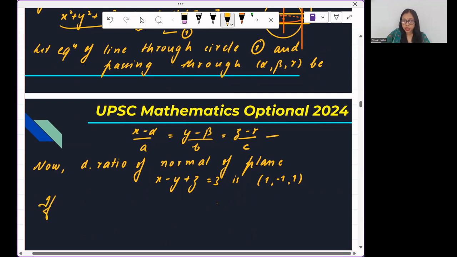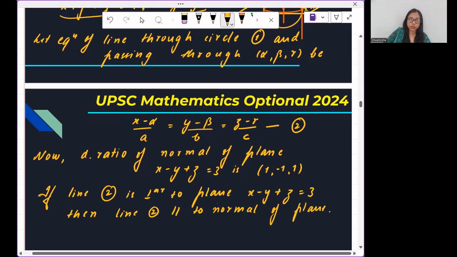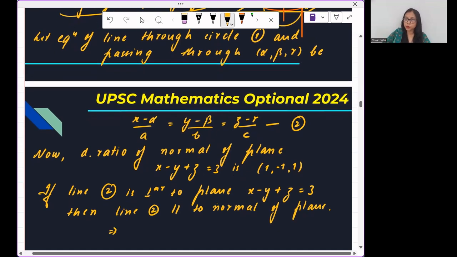If line 2 is perpendicular to the plane x minus y plus z is equals to 3, then line 2 is parallel to the normal of the plane, which implies their direction ratios are proportional.